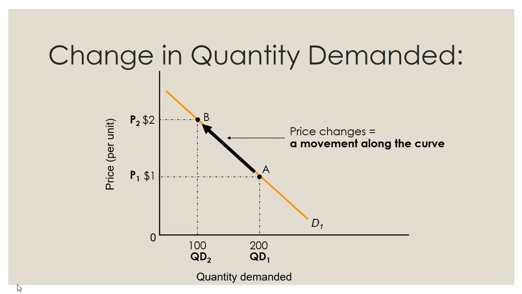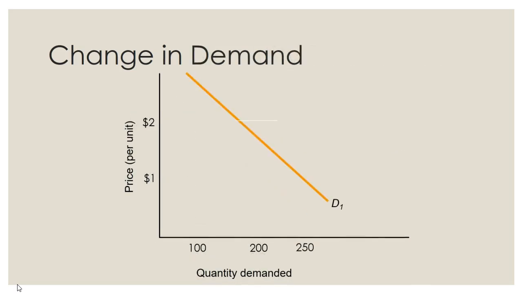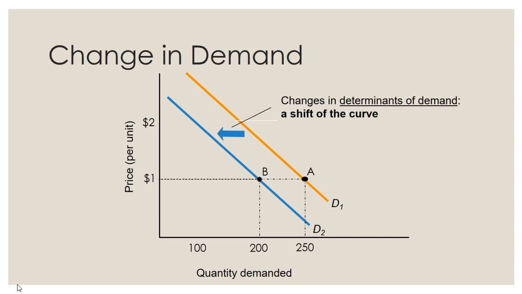When there's a price change, there's a movement along the curve. But a change in demand itself, meaning anything other than price affecting it, would be a shift. So we see the entire curve shifting, in this case, to the left. The original curve in orange, the second curve in blue. And that's what we're going to be doing and graphing today.